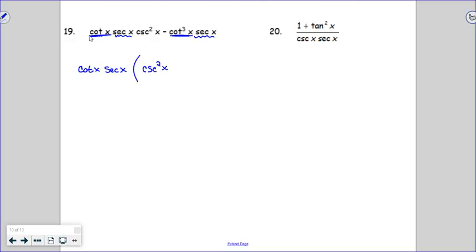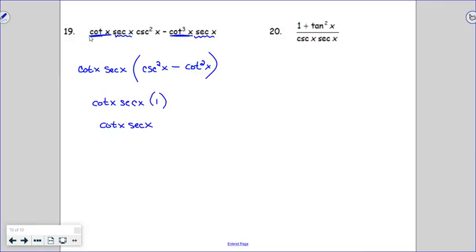If I take one cotangent out of that second term, I'd be left with two of them, so cotangent squared, and secant out of there is gone. Well, cosecant squared minus cotangent squared is 1, so this would simplify down from its Pythagorean identity. Would simplify down to cotangent x, secant x.